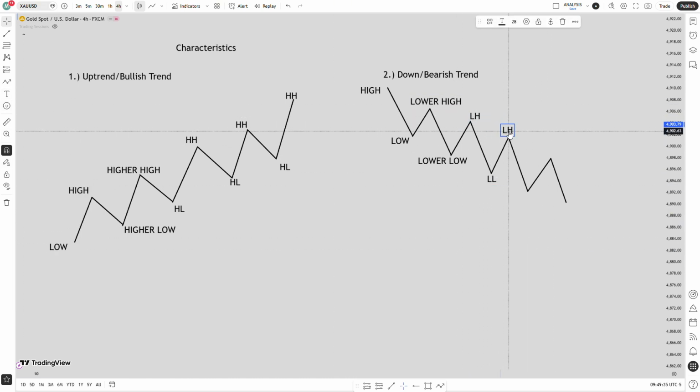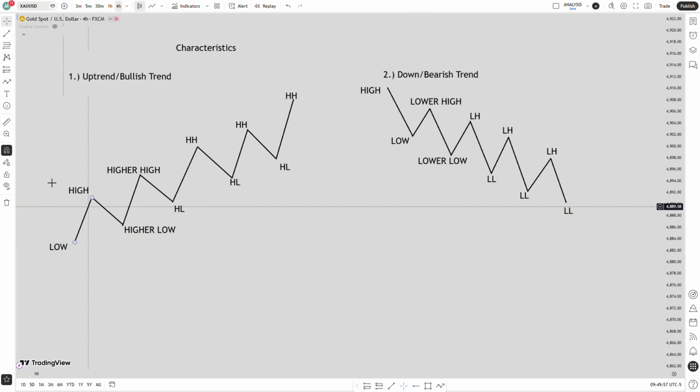Then the labeling continues: lower high, lower low, lower high, lower low. So this is what you have for a downtrend, or a bearish trend. So for an uptrend, what you do is you buy.